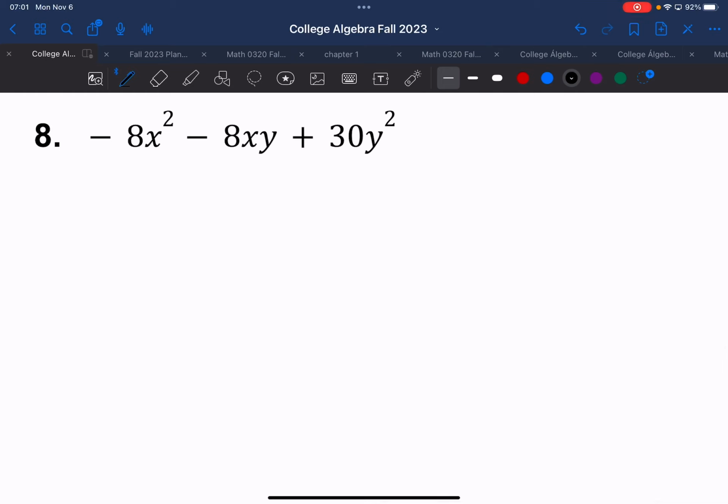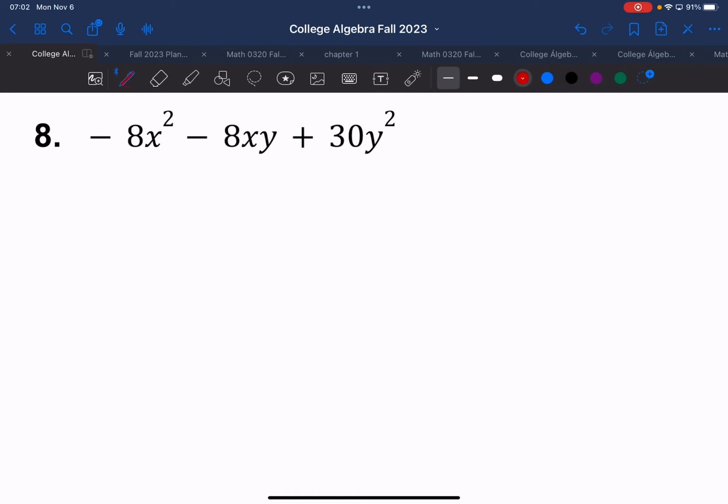What do we notice about 8? We have an extra variable, so we have x's and y's. Okay. When we have 2 variables, we're going to look at each term and see, how can I phrase this? If we see 2 variables, we're going to always keep x there, and we're going to ignore the y's.